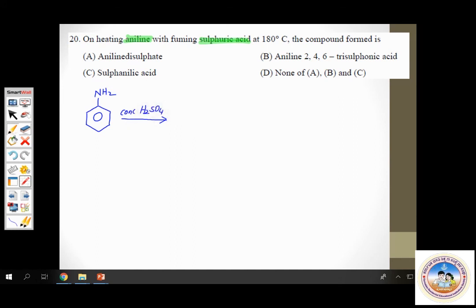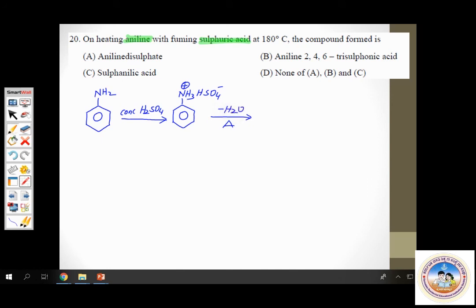This first gives you anilinium hydrogen sulfate, NH3+ HSO4-. Upon further heating, it undergoes a rearrangement losing water.